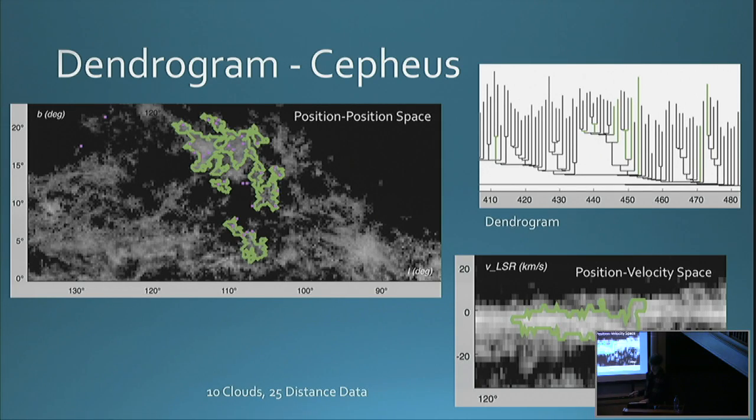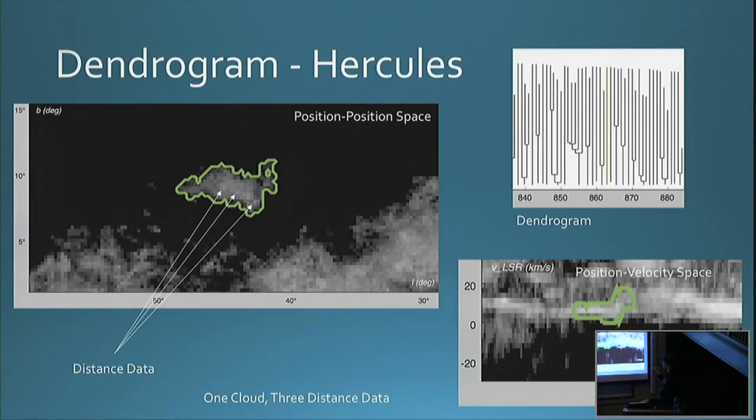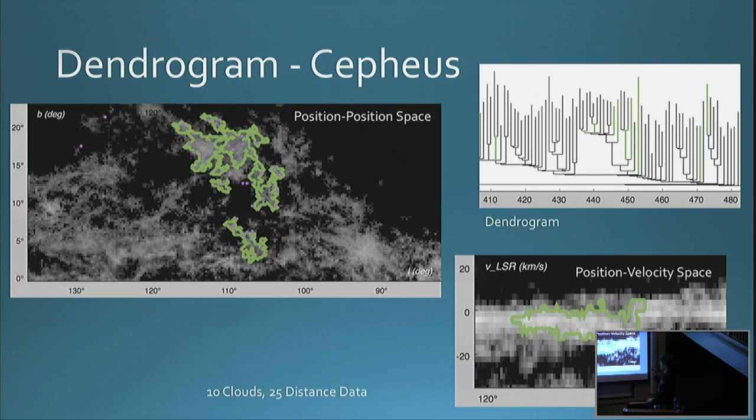So it's a very nuanced sampling of a very large system of clouds. And you can see on the right here, and it's true for the previous plot too, that none of these features are very well resolved in velocity space, which is the motivation as to why we want to use the distance data here. So you can see that in action.